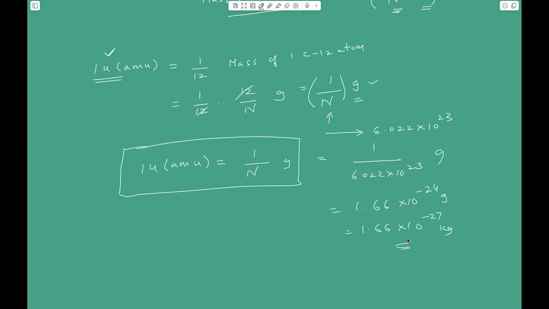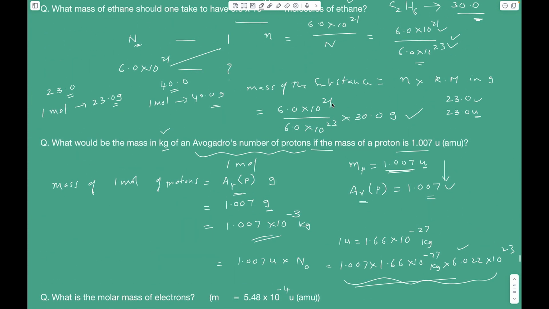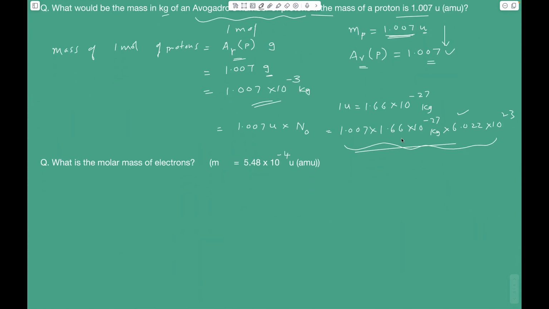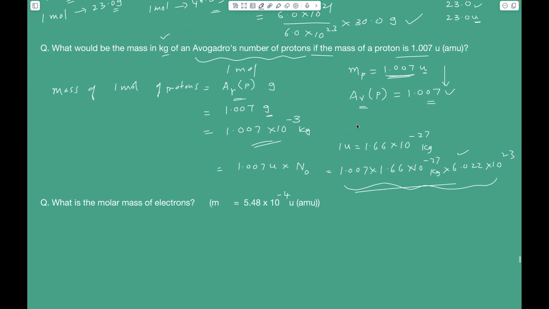Actually, this is how we figured out the value of 1 U in grams and kilograms, by experimentally measuring the value of Avogadro's number. So coming back to our question, instead of using this value of U in kilograms, we can simply replace 1 U with 1 over N grams, right?